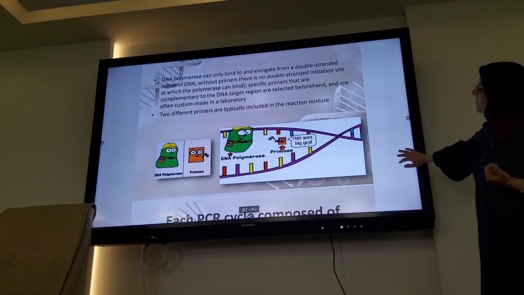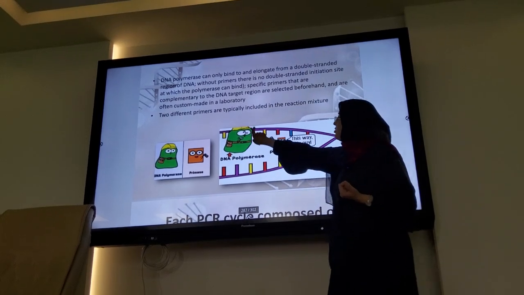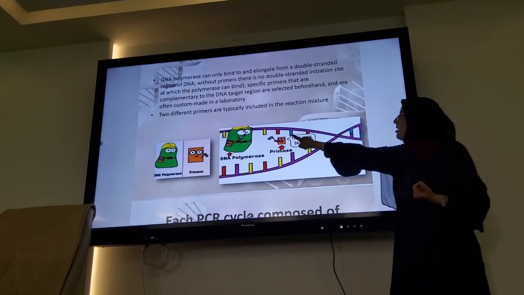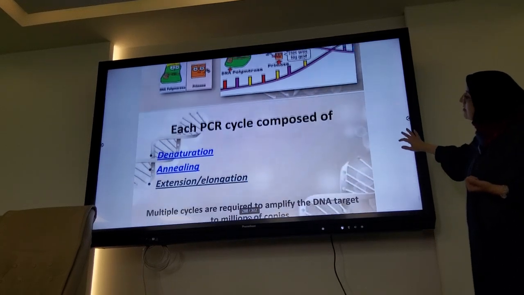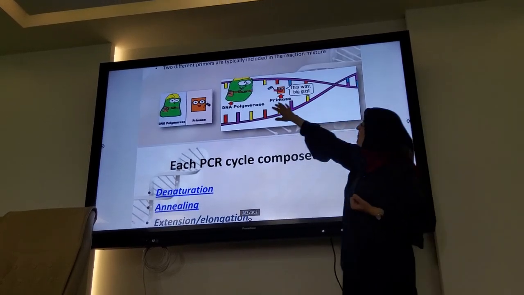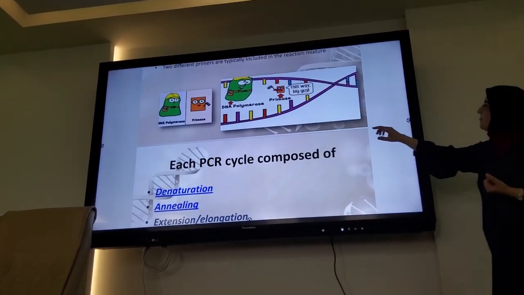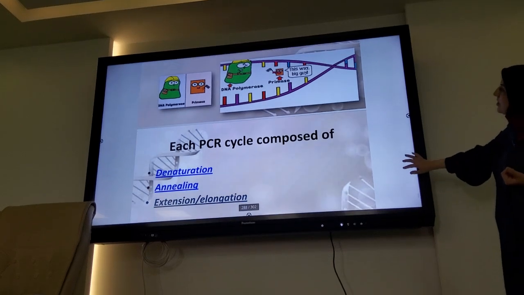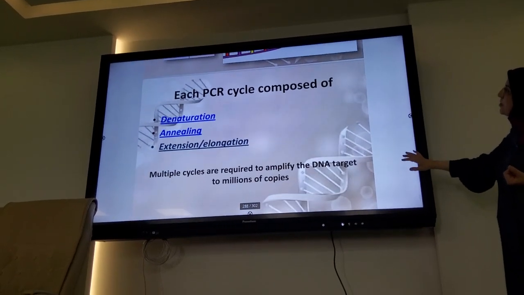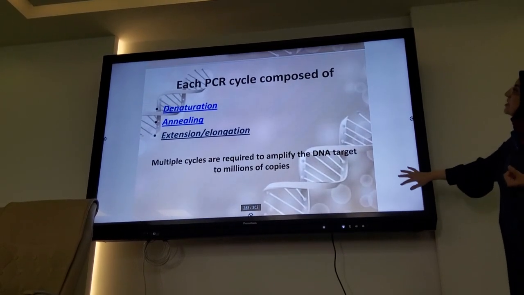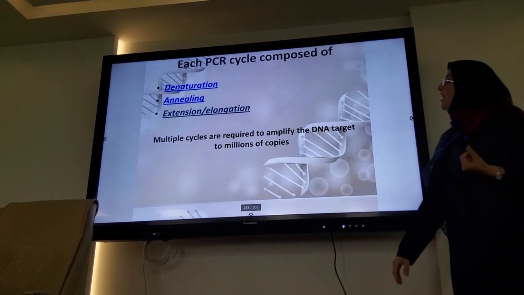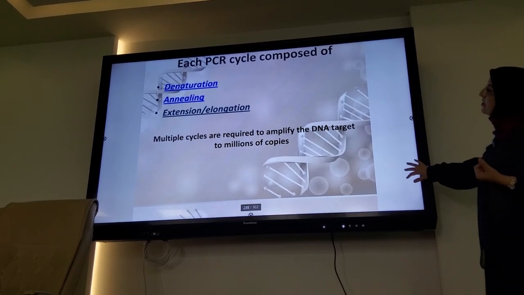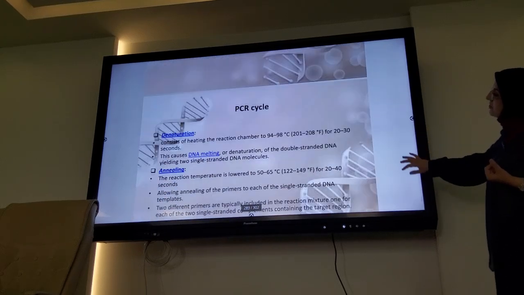Look, this is DNA polymerase. Primer said, come in here and stick here. Nucleotide, come, and we will have another chain of DNA. We amplify the target sequence, and then detect it by denaturation, annealing, and extension.